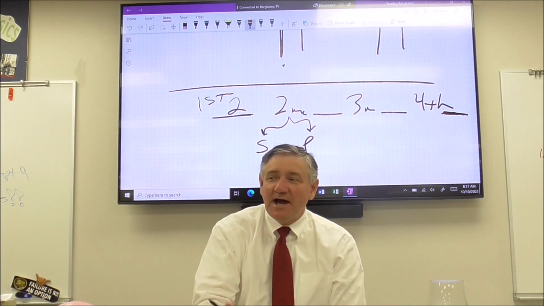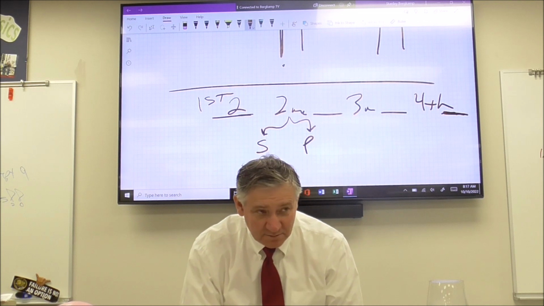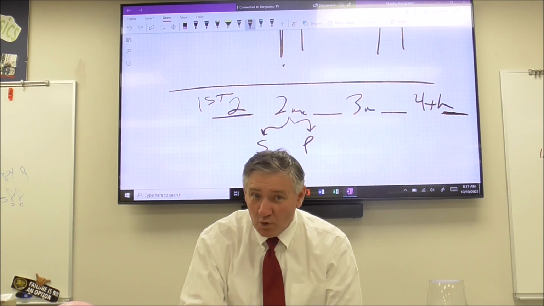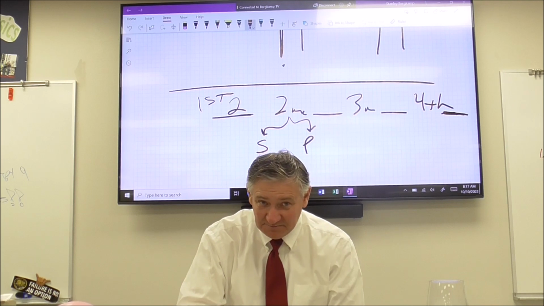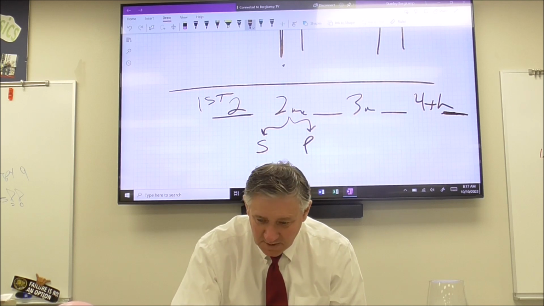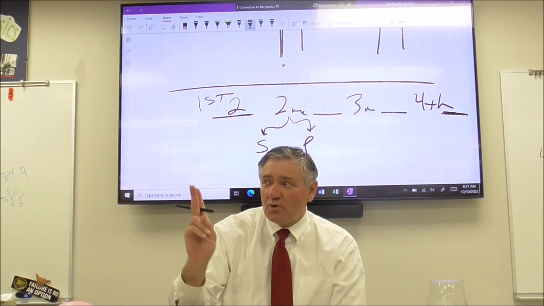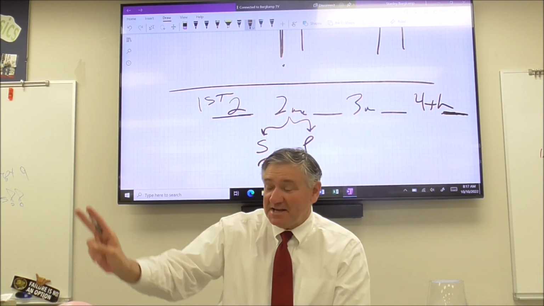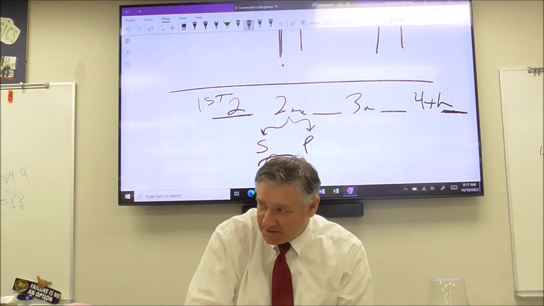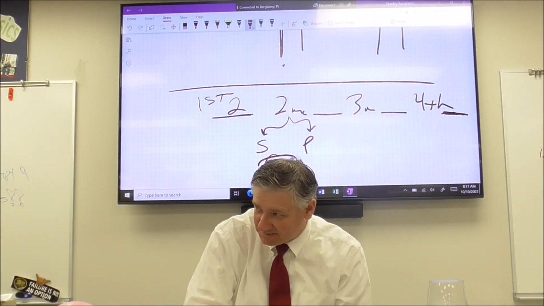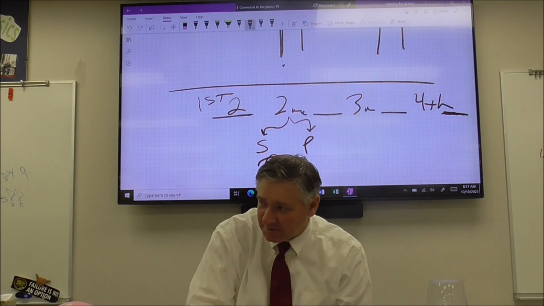Now, how many orbitals are there in the second energy level? 4. So there's a total of 4 orbitals. Since there's 4 orbitals, how many electrons can you put in the second energy level? Maximum number.